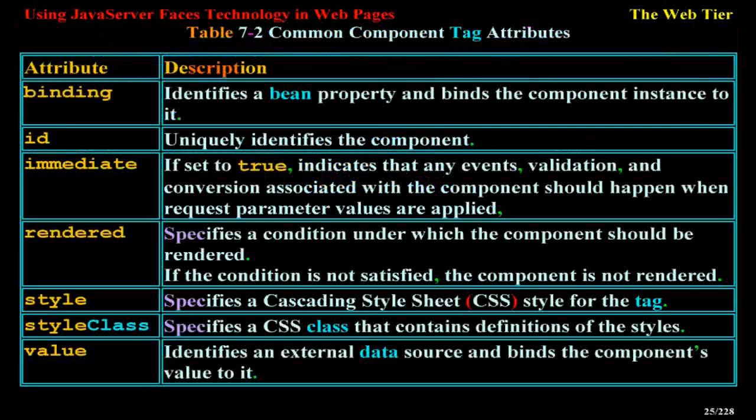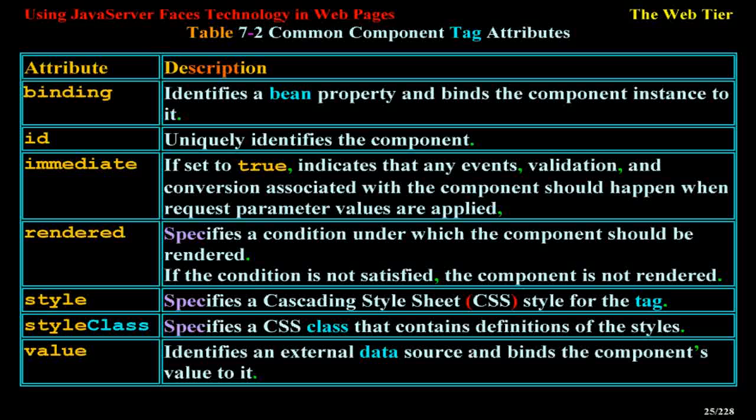Attribute, description. Binding identifies a bean property and binds the component instance to it. It uniquely identifies the component. Immediate, if set to true, indicates that any events, validation, and conversion associated with the component should happen when request parameter values are applied. Rendered specifies a condition under which the component should be rendered. If the condition is not satisfied, the component is not rendered.